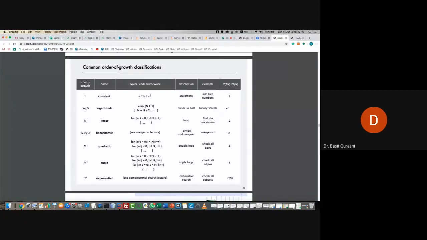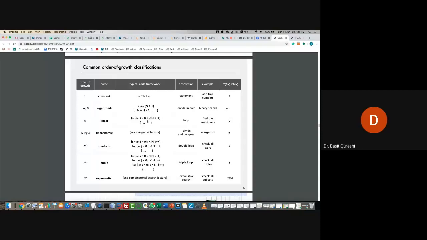If you have an expression like A equals B plus C, or A equals 10, something of this sort, the runtime is going to be constant. If you have a loop that goes from 1 to n, but the incrementing function is always dividing by 2, meaning the space for the loop becomes half, and then half, and then half in every single iteration, then the runtime would be log of n.